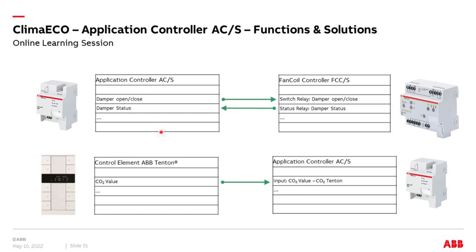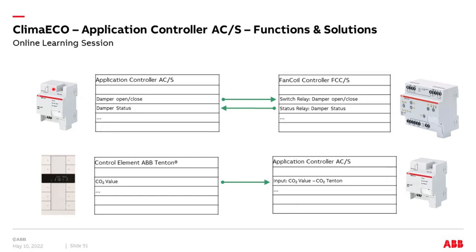Yeah, and finally, my last slide here, group address assignment. Besides the standard group address assignments, which I don't show here, this functionality is relatively simple. CO2 is measured here by the ABB-Tenton device and sent to the application controller. Remember the logic we have to create.